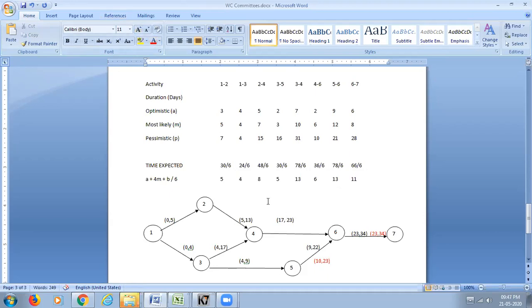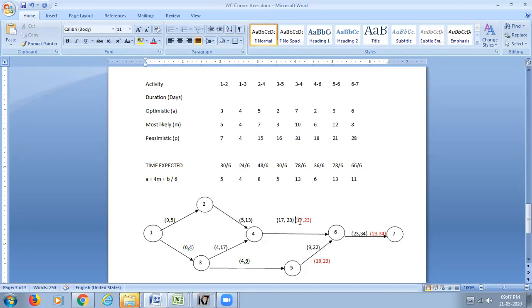So similarly you come over here. 23 is the starting time for 6 to 7, which means 4 to 6 should have completed by 23. So if it completes on 23, when should it start? 23 minus 6 is 17, which means it should start on 17.